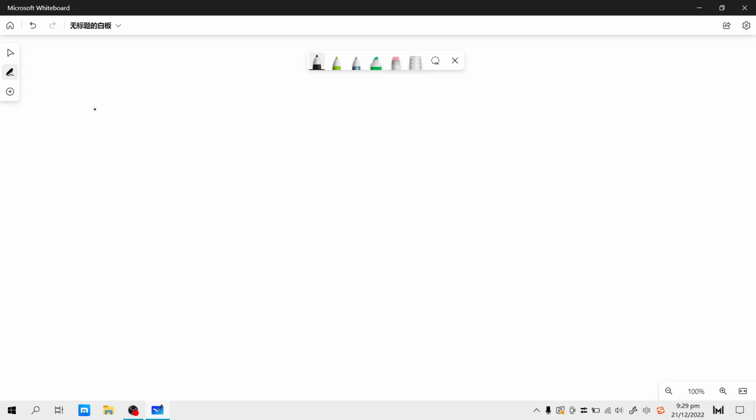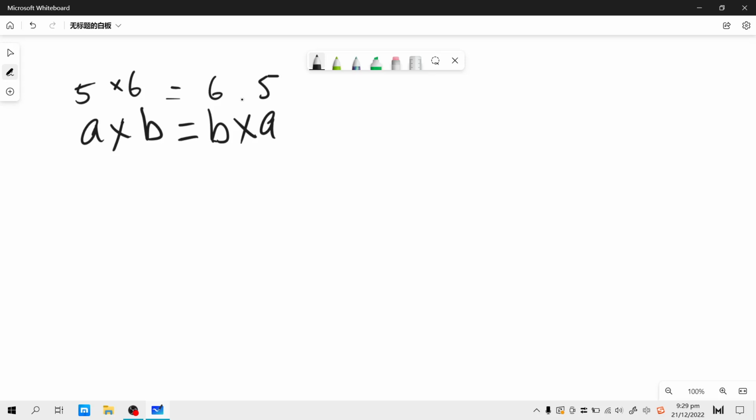Let's move on to the first one: A times B equals B times A. I think this is common sense to all of you. You just move the B and A around. It's the same thing. You can write 5 times 6 equals 6 times 5, which equals 30.